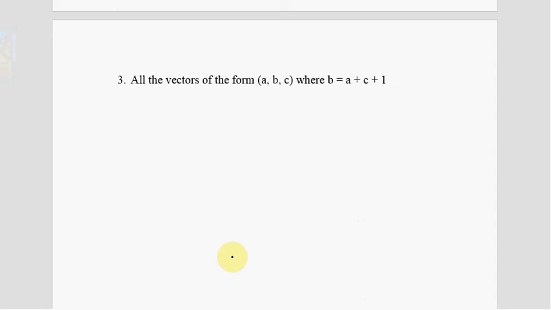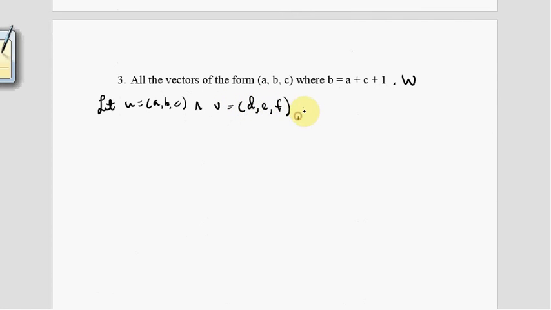So this represents W. Let U equal A, comma B, comma C, and V equal D, comma E, comma F. We get the setup for U, given that B is equal to A plus C plus 1, and for V, E is equal to D plus F plus 1.